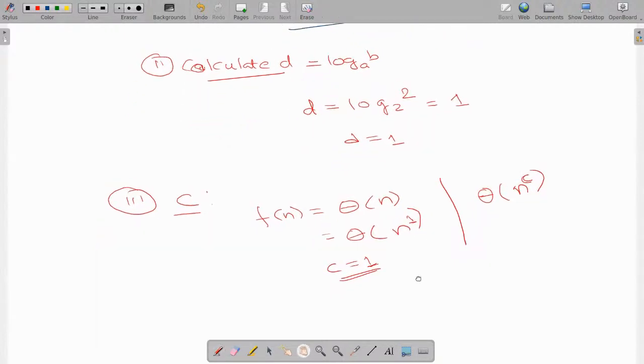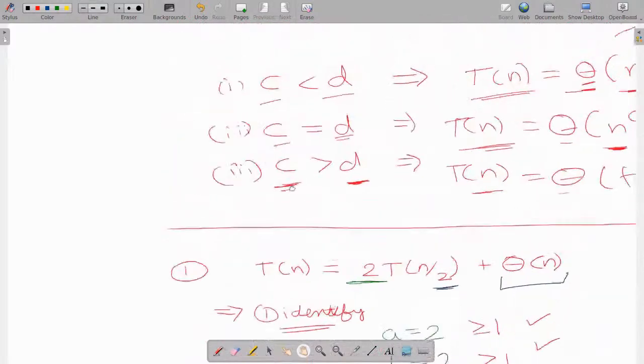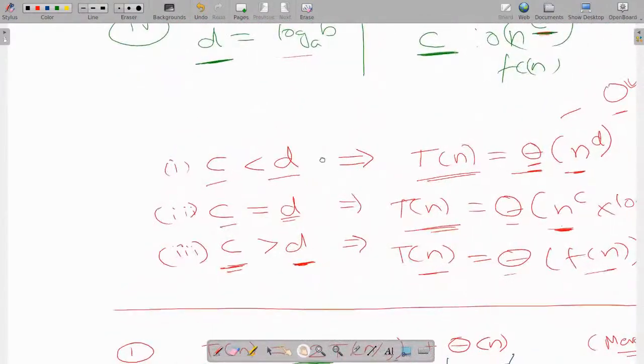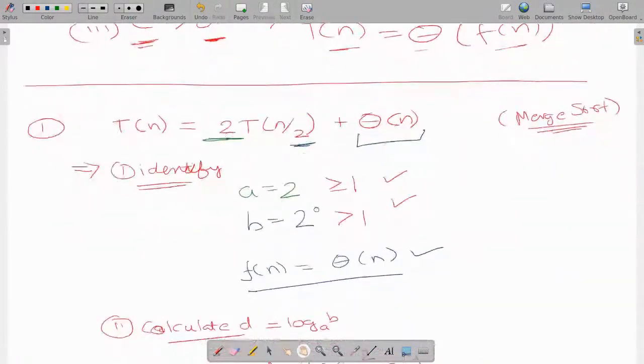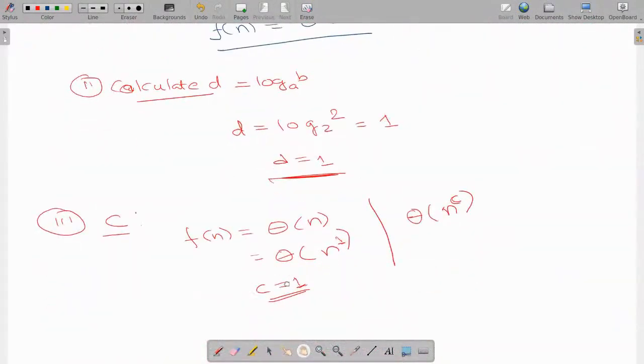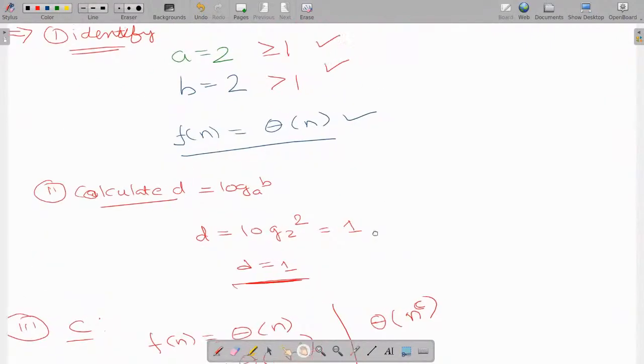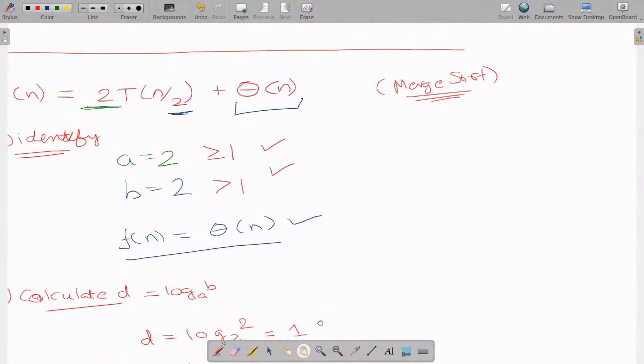Now we have our c and we have our d. What was the next step? The next step was to get the answer by looking at the relation between c and d. In our case, both are equal. Our c is 1 and d is also 1.